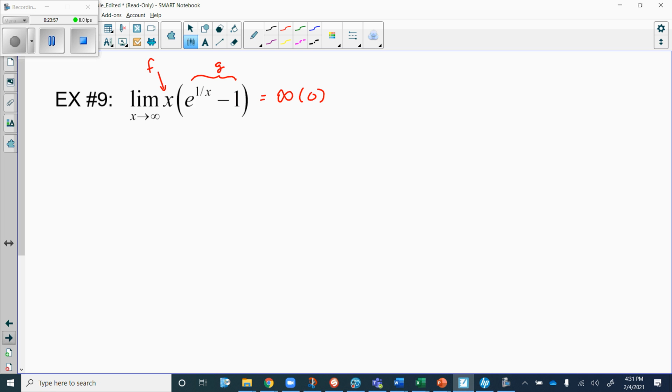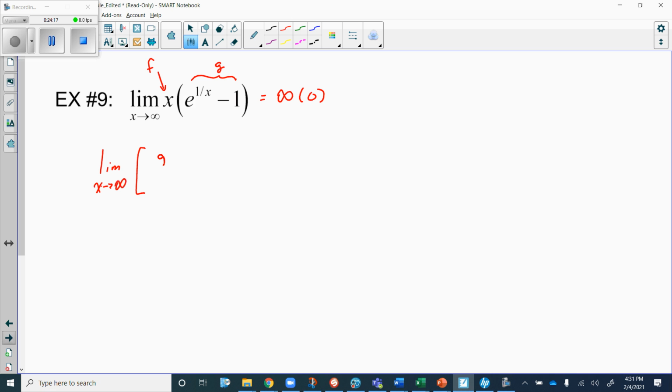So to show that I'm going to do L'Hopital's rule here, we're going to say the limit as x approaches infinity. I'm going to do the same thing as I did on the last one. I think the f, just the x, is going to be the easier one to take the reciprocal of.